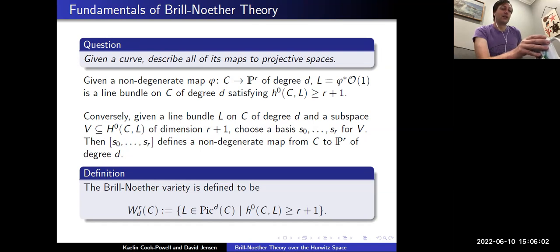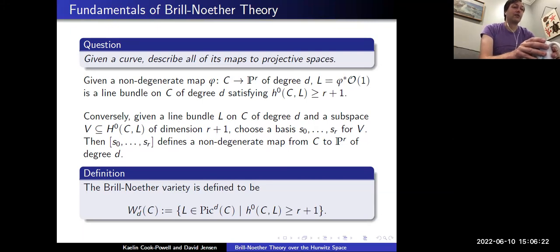By everything that I've said above, you can alternatively think of W^r_d as, morally, the set of maps from your curve to projective space of dimension r of degree d.